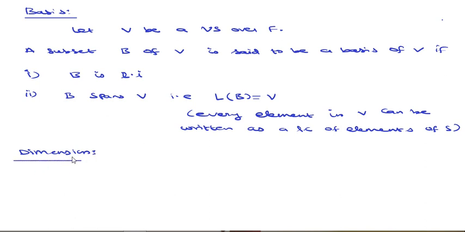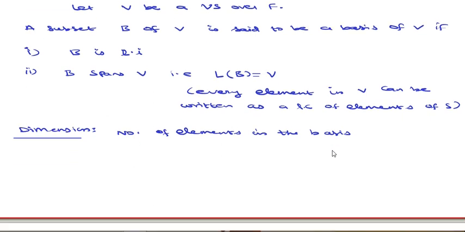The dimension is the number of elements in the basis. The dimension denotes the cardinality of B.